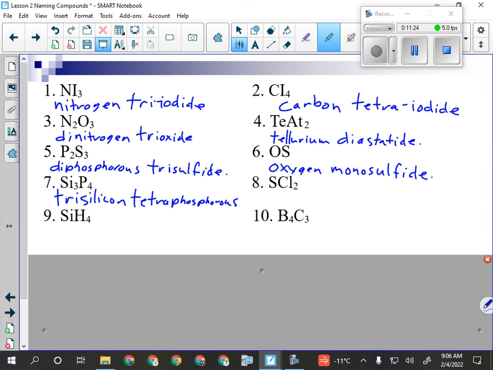For number 8, we've got no number on the sulfur, so we just write sulfur. And then we've got 2 on the chlorine, so that'll be dichloride. Questions so far? Phosphorus. Yep. Oh, sorry, phosphide. Good catch.